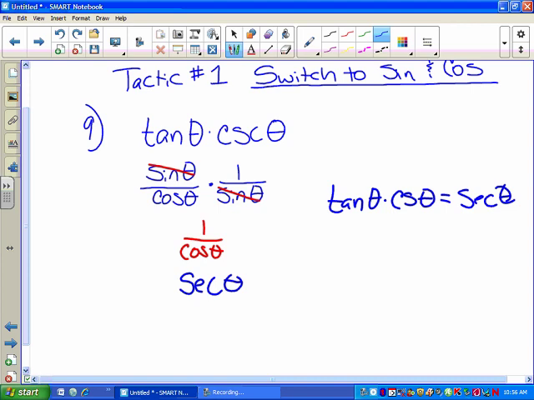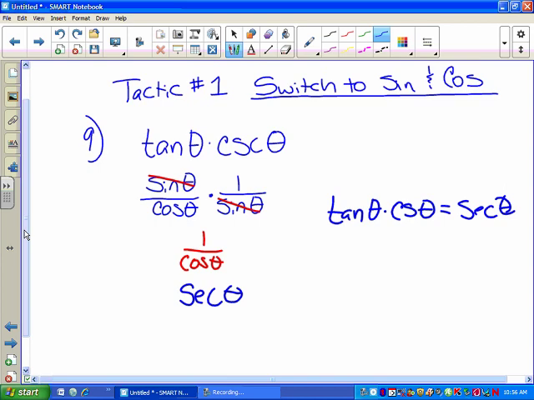So right now on these tactics, we actually don't have a right side. We don't have an equation. We just have an expression. We're simplifying. But later, it'll actually look like this right here, and you'll prove the identity, and this is the method you'll use. So tactic number 1, make sure you have this in your notes, is switch to sine and cosine.